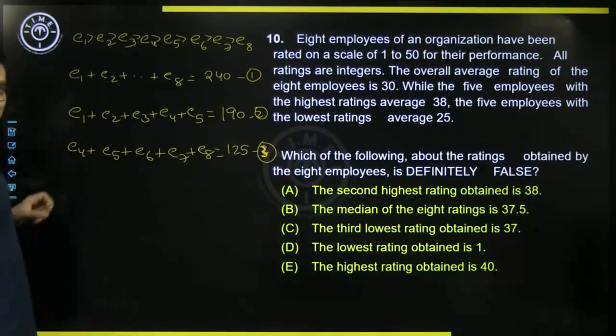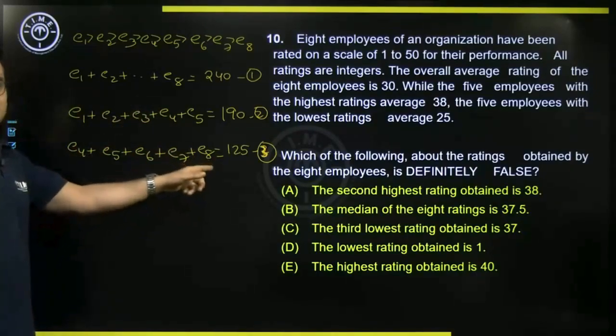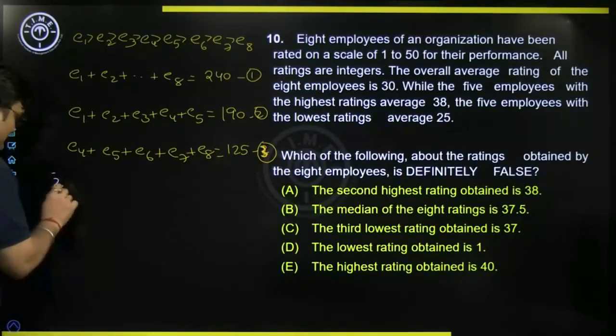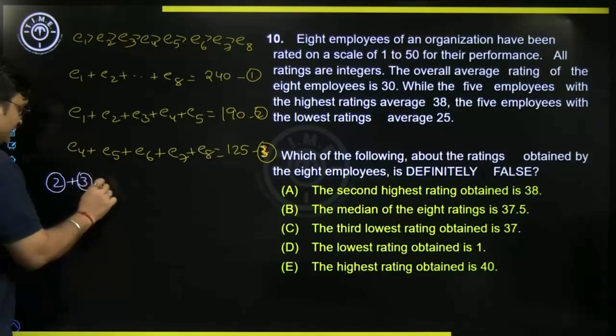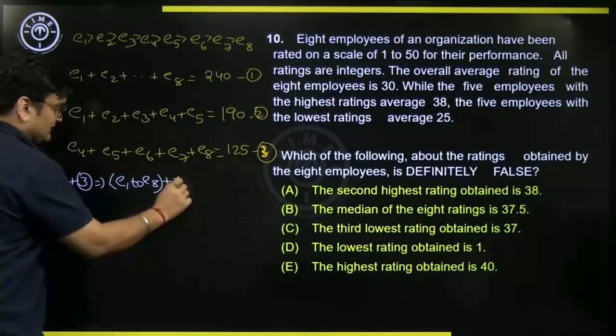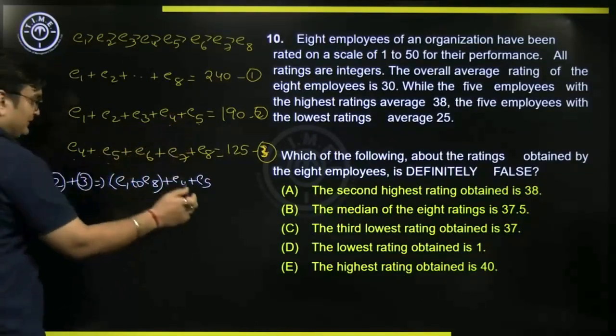If you add these two, observe what you get. You will get E1, E2, E3, E4, E5, E6, E7, E8, and then you are getting E4 and E5 again. So, 2 plus 3 will give you the sum of E1 to E8, plus E4 twice, E5 twice.